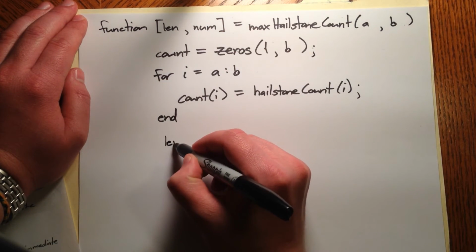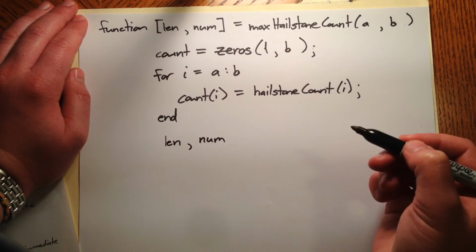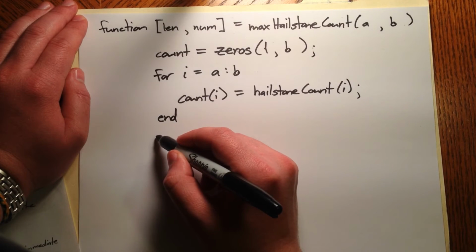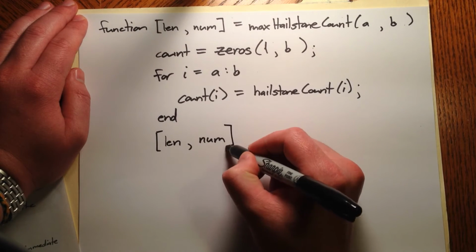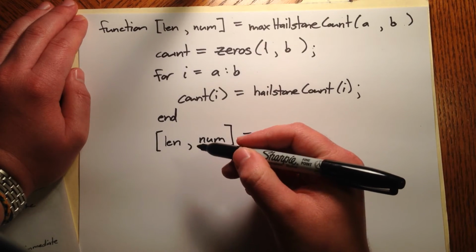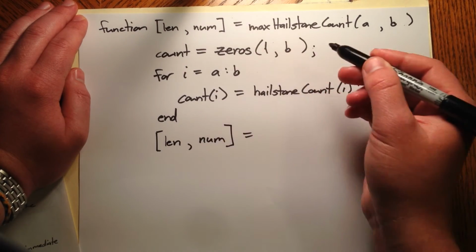We also said that in our tools, max figures out which one has the largest value. If we have two values, such as length and num, in our example I had m and n, the length would be m, so it would give me the value that is the longest, the length of the sequence.